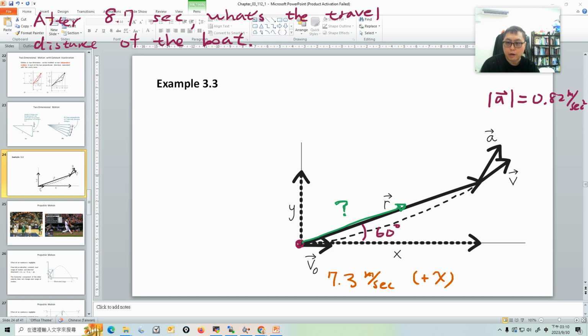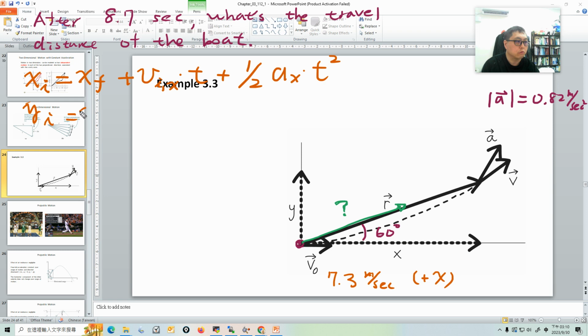I just write down the equation of motion in the x direction and the y direction. In the x direction: xf equals xi plus the initial velocity x component times t plus 1/2 ax times t squared. And yf equals yi plus the initial velocity y component times t plus 1/2 ay t squared.